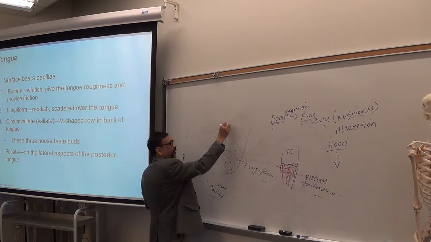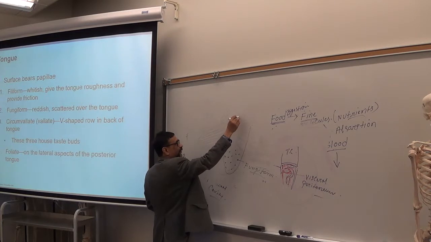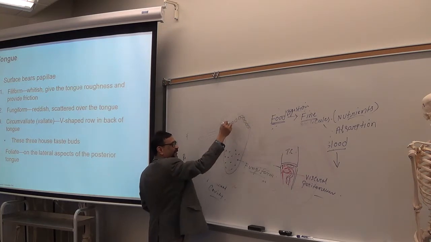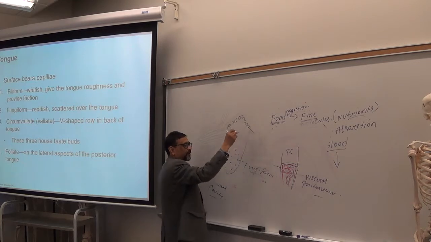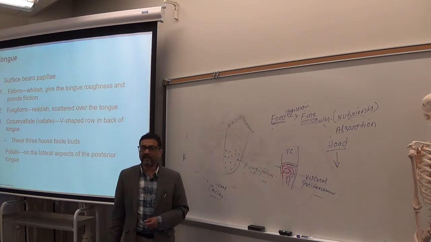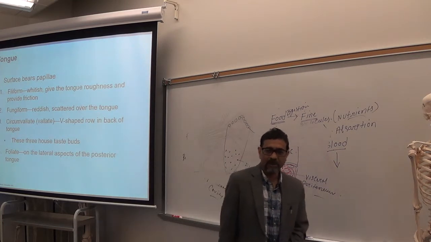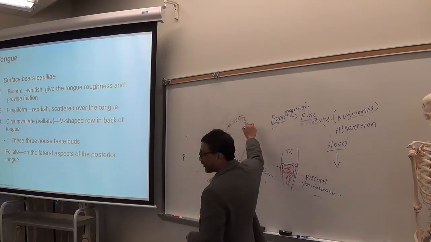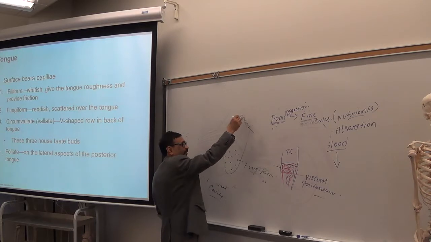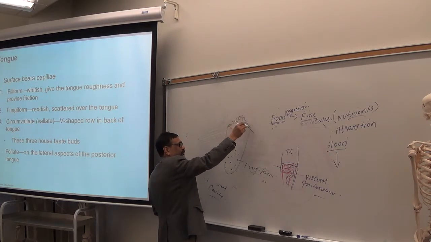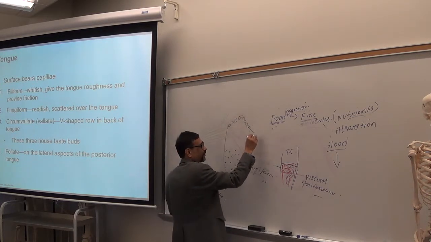In the back part of the tongue, you have larger papilla. They form an inverted V shape, and they are not many, about 8 to 16 in number. These large papilla present in the back part of the tongue forming an inverted V are called circumvallate.